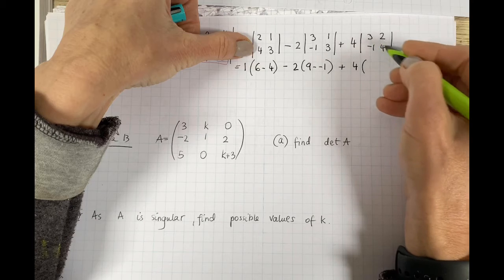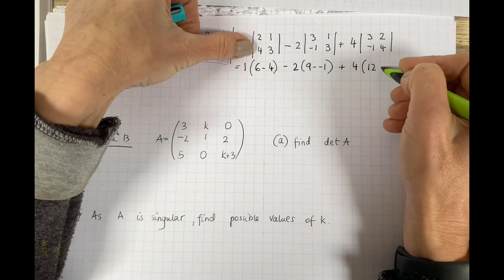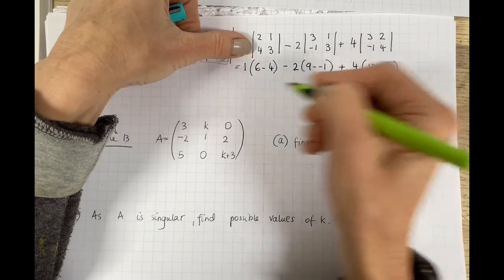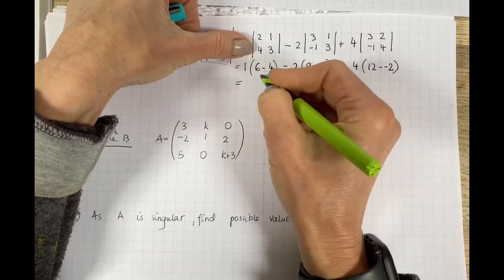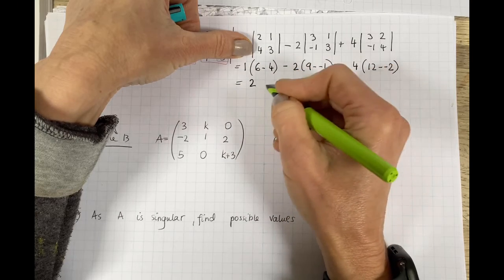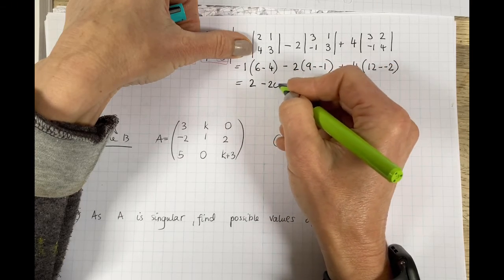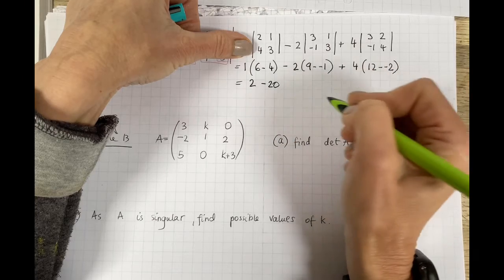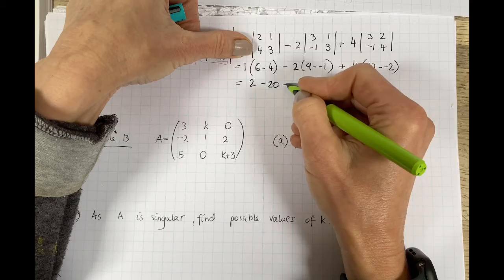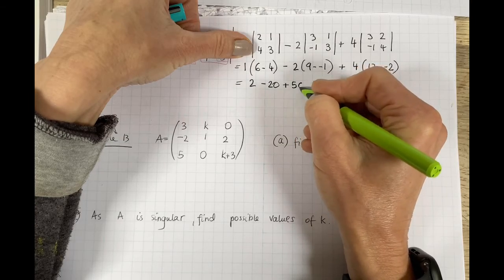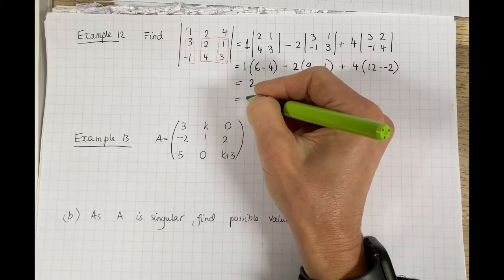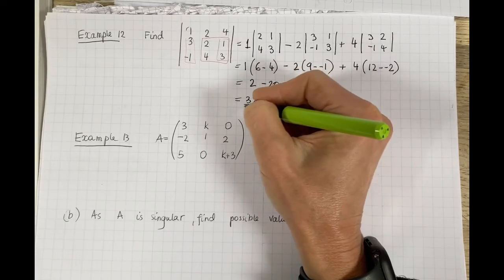And here we've got 3 times 4, which is 12, minus 1 times minus 2, which is minus 2. There you go. You can pop it into the calculator and work it out. So it's 2, that's going to be minus 20, and that's going to be 4 times 14, which is 56. There you go. So it's 58 minus 20, which is 38.